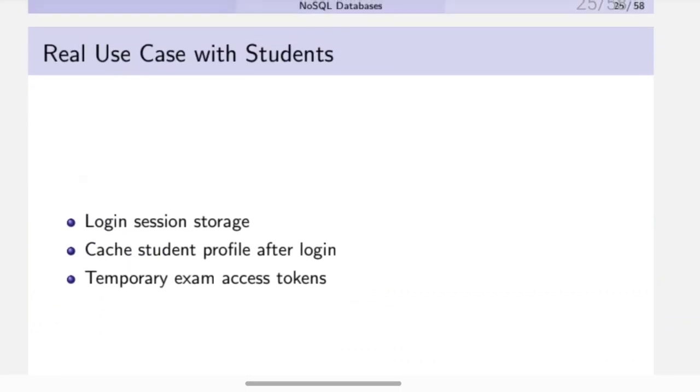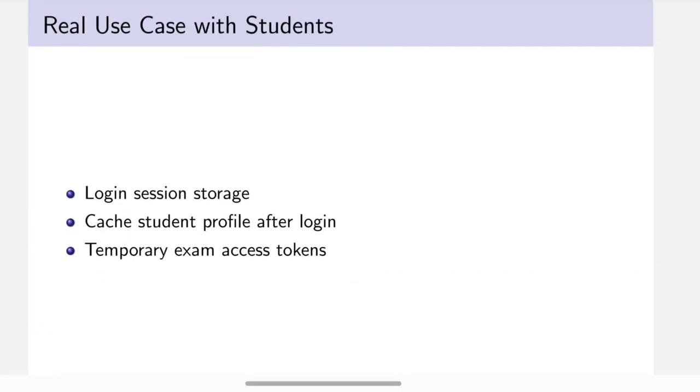Some real-world use cases with students are given. Key value databases are useful for temporary and fast data like login session storage, caching student profiles after login, and temporary exam access tokens.